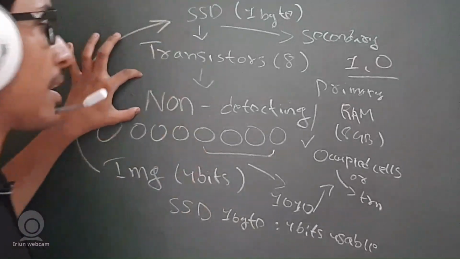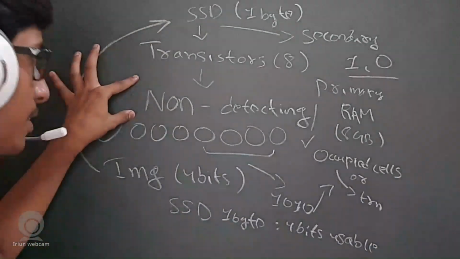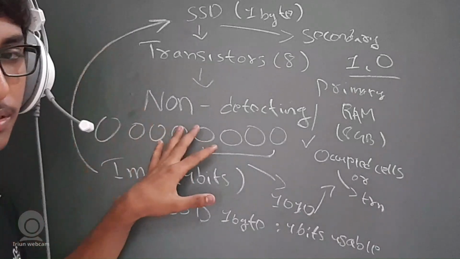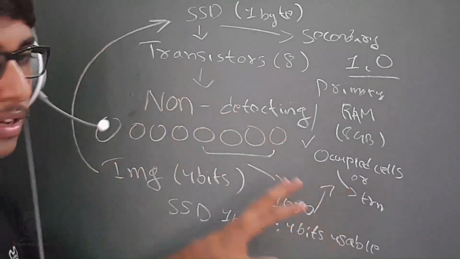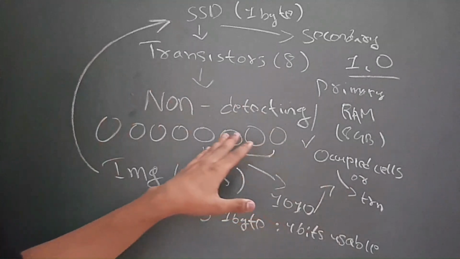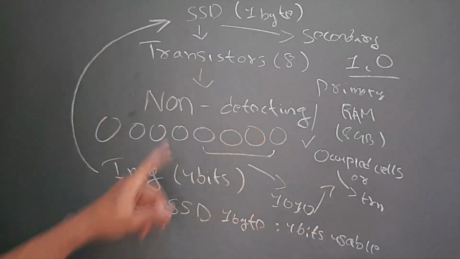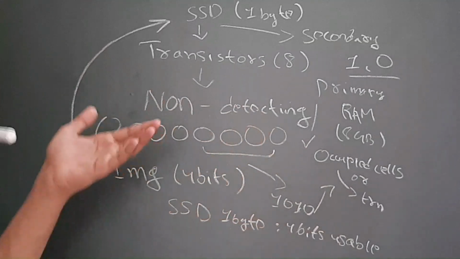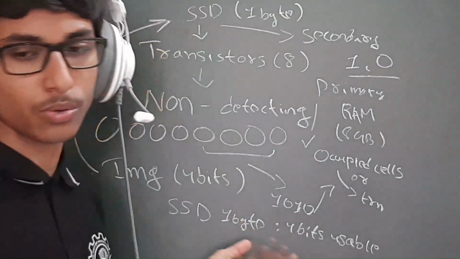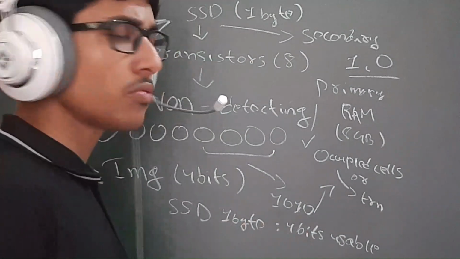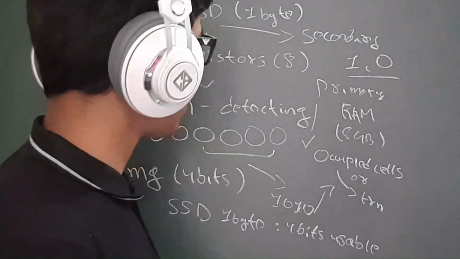So the computer drivers identify the empty spaces, the transistors which are not involved in storing data, as non-detecting transistors. That's why they are said to be non-detecting transistors, because they are not being used to store any kind of data. So this was the basic overview about non-detecting transistors.